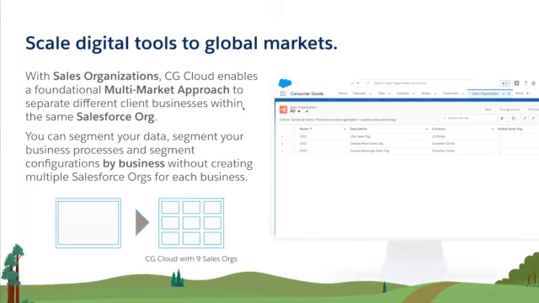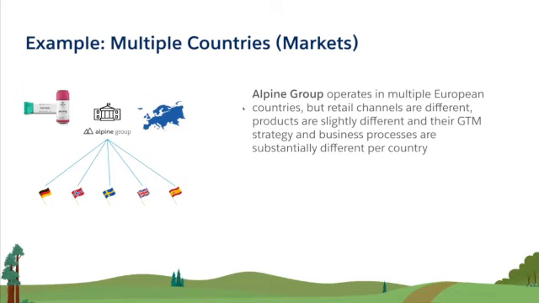So for example, let me briefly switch here. You have a multinational organization as a client, and you need to support multiple regions. In this example, 5 different markets. And the 5 different markets have different data for sure, but they have different variations of business processes.